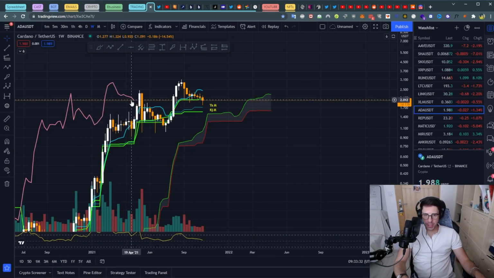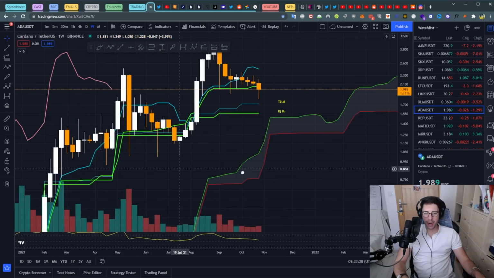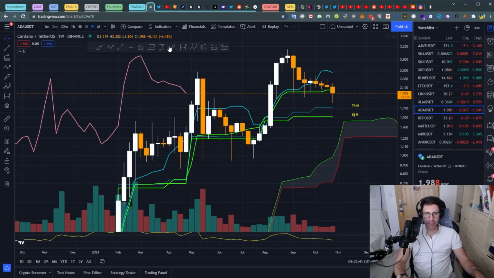ADA/USDT for the pair, you can see the lagging is going to head toward those big candles. So the normal outcome will be to avoid it. So the lagging should go above, which gives us 2 weeks of a potential bullish trend.